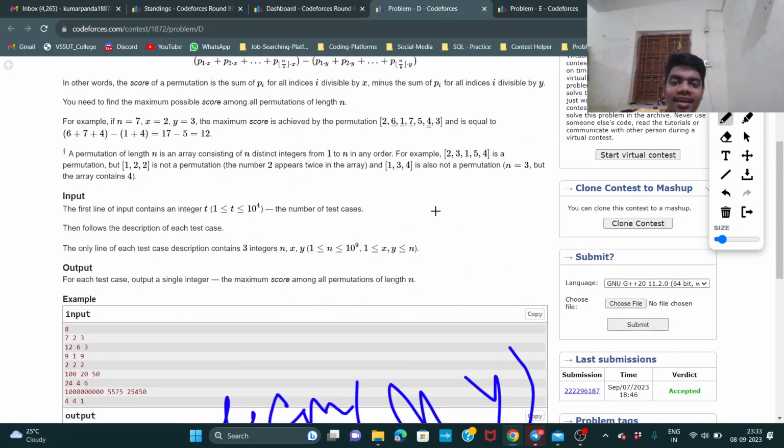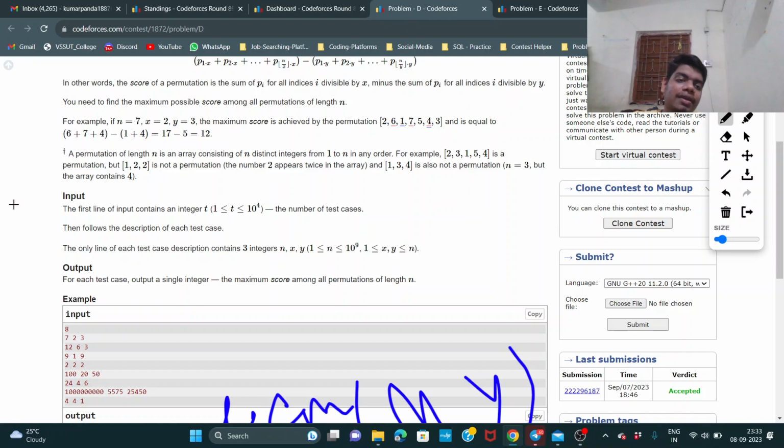I have explained for almost 15 minutes, but the solution is a one line solution. But how that solution came, I have explained for 15 minutes. The solution is simple math.